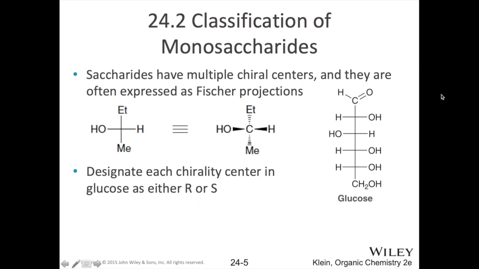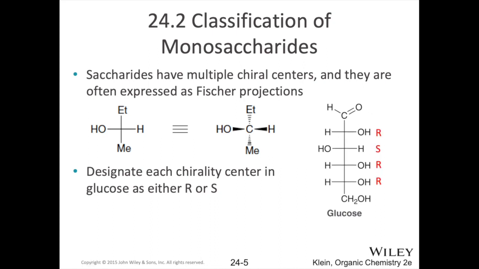Okay, so the thing that's really convenient here with your Fisher projection, based on the setup that we've got here, is that the alcohol group kind of tells you what the chirality or what the designation is for each of those chiral centers. Basically, if your alcohol group is pointing to the right, that is R chirality. And if we have the alcohol group on the left, it's going to have an S designation. Okay, so you can name these accordingly.